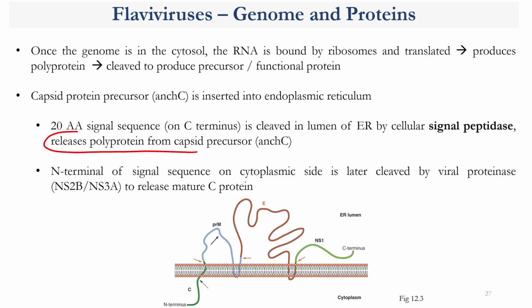So let's look at the figure. Here's your N terminal, here's your C terminal. This is sticking into the ER lumen as the protein gets synthesized. And what you're going to cleave is here through the signal peptidase, okay?